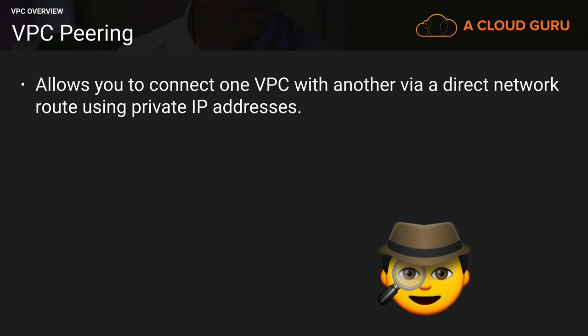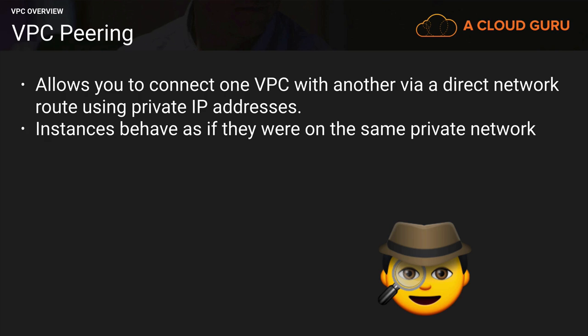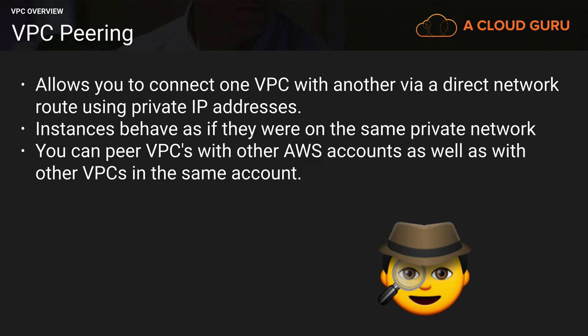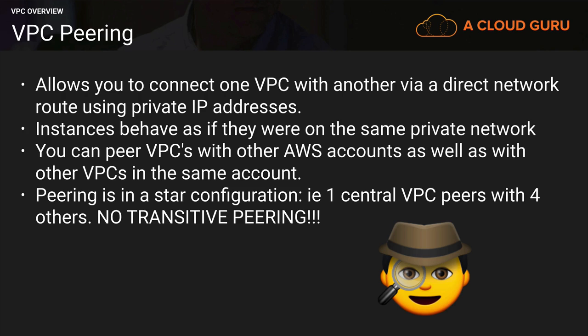You can peer VPCs with each other, so you can connect one VPC with another via a direct network route and using a public IP address. Instances behave as if they were on the same private network, and you can even peer VPCs with other AWS accounts, as well as other VPCs in the same account. And then peering is in a star configuration, so you always have one central VPC paired with 4 others. You will not have transitive peering.